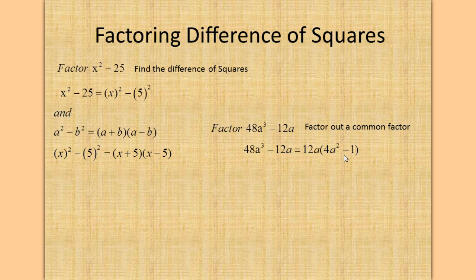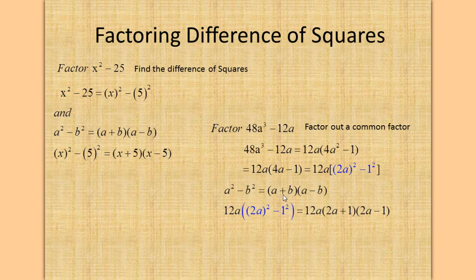Now we see, is this a difference of squares? Well, yes. The square root of 4 is 2, and the square root of a squared is a. And the square root of 1 is 1. So therefore, we can write that as a difference of squares per our equation, okay? So we can say that a is 2a squared, and b is 1 squared.